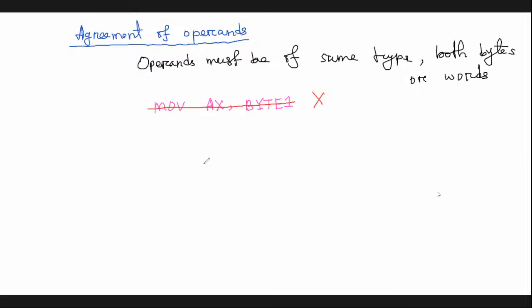Totally wrong. Sir, MOV AX, BX. Very bad, very bad. Okay, how can we make it correct? Simple thing. Both are okay.